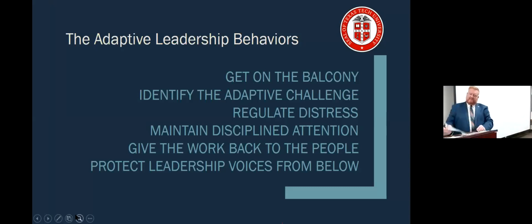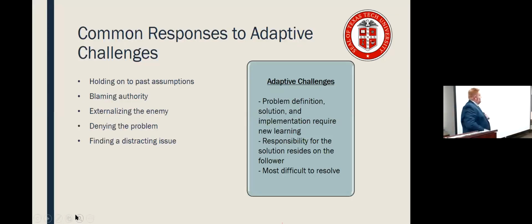Yes. I was actually coming to that point of finding a distracting issue. With regards to human trafficking, you would find that you would have an underlying problem or an issue like forced labor. So while you're trying to deal with human trafficking, now here's an issue of forced labor. So now you have to deal with human trafficking and forced labor and probably child labor and other things related to that.